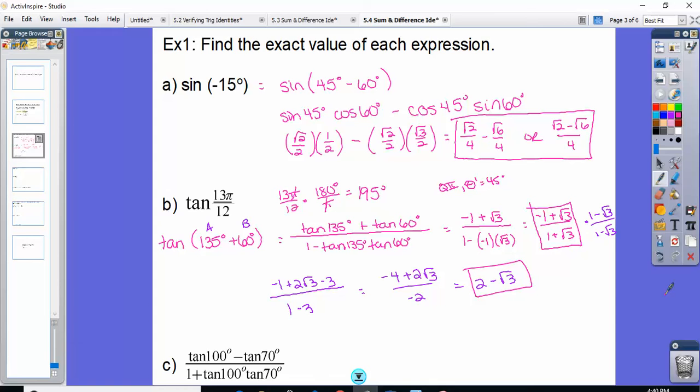If you want to know if yours is equivalent, put it in the calculator, get a decimal. So I would plug this in my calculator, get a decimal. You could take the answer in the back of the book, plug it in and get a decimal and see if they're equivalent. Or you could just go to the point of simplifying every time. That is up to you. I'm just telling you how I will accept your answer on these.